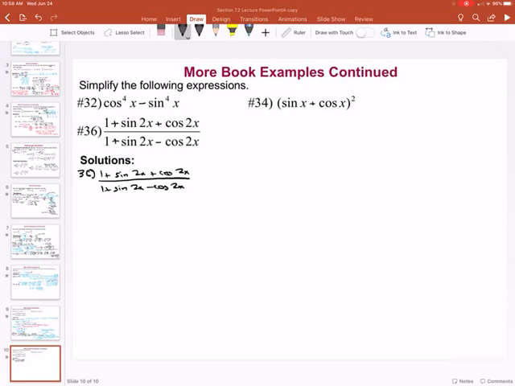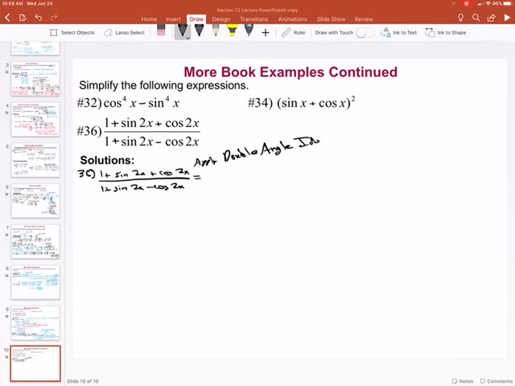So as we look at moving on, we've got to apply double angle identities. So let's go ahead and do that. We're going to apply our double angle identities for sine and cosine.